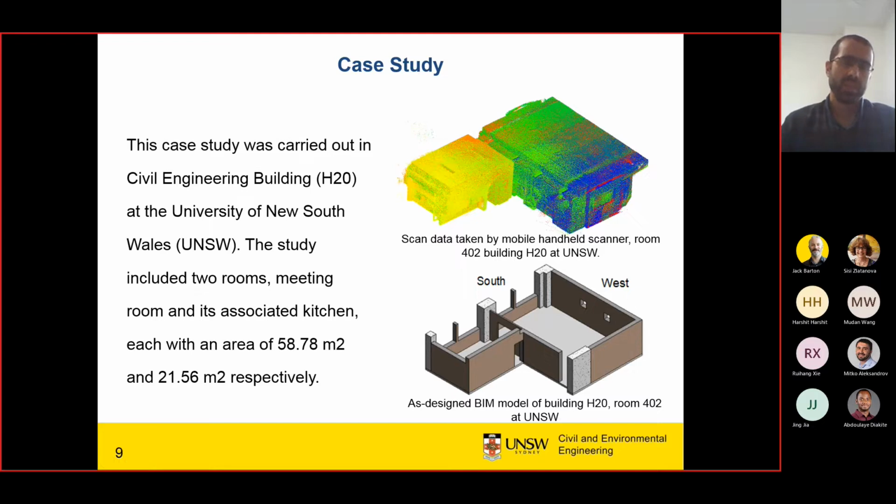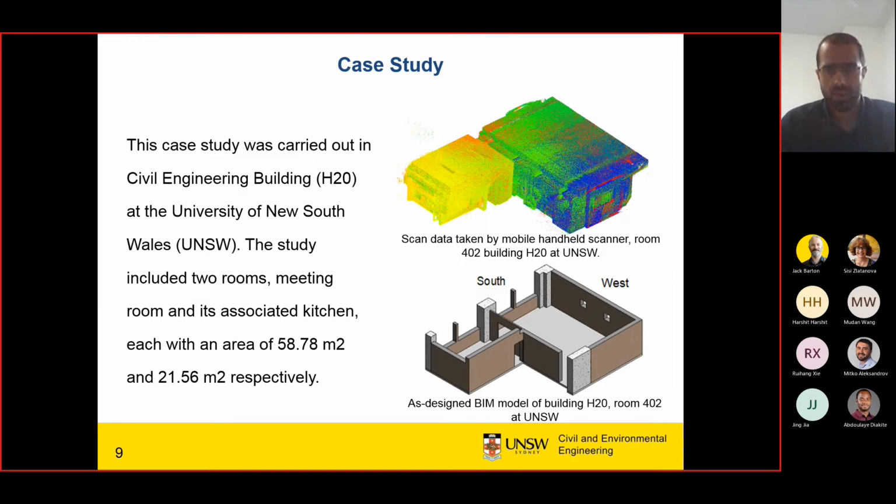We did our case study here at the engineering building of UNSW, and we used only a meeting room, which also has a kitchen associated with it, and there are different furniture and kitchen stuff. All of them we consider as noise.